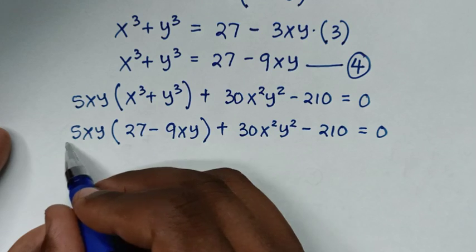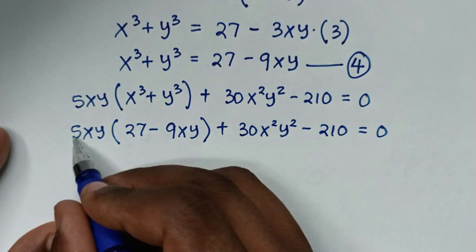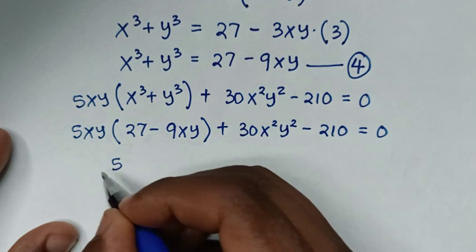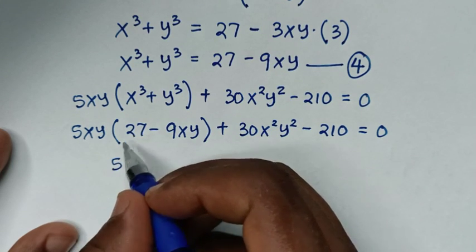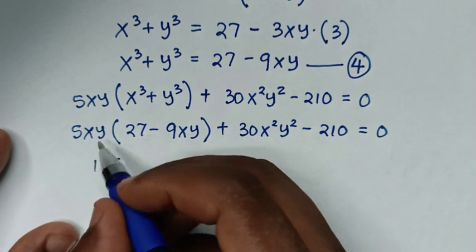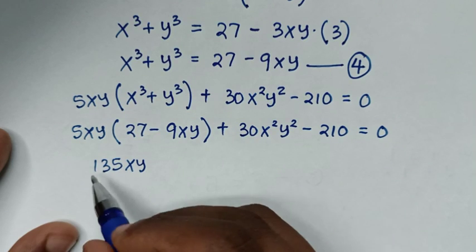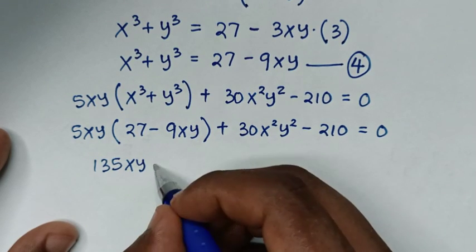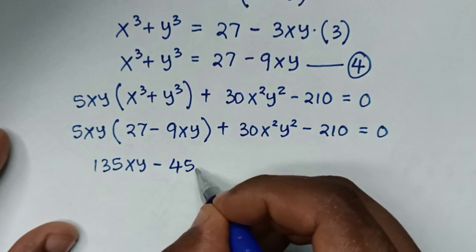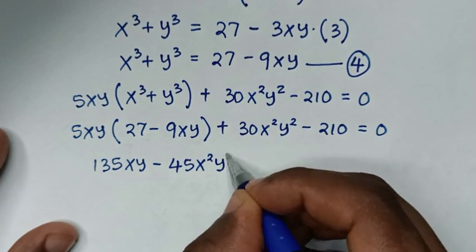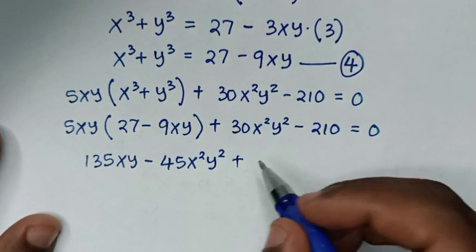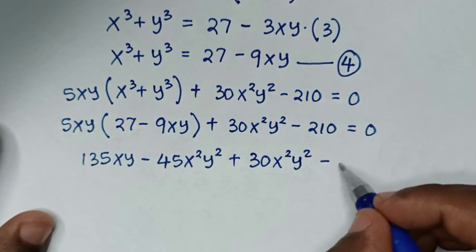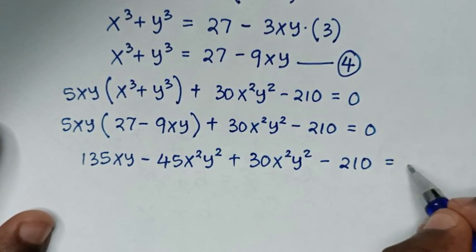Then we take this times this. So 5 times 27: 5 times 7 is 35, carry 3; 5 times 2 is 10 plus 3 is 13. So 135xy. Then 5xy times negative 9xy gives negative 45x square y square. Then plus this 30x square y square minus 210 is equal to 0.